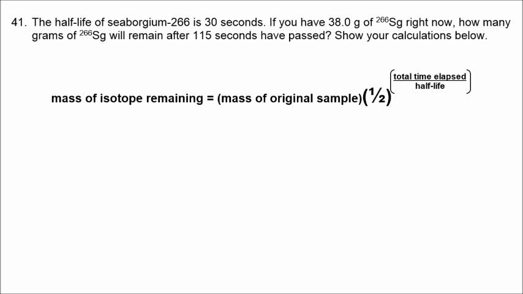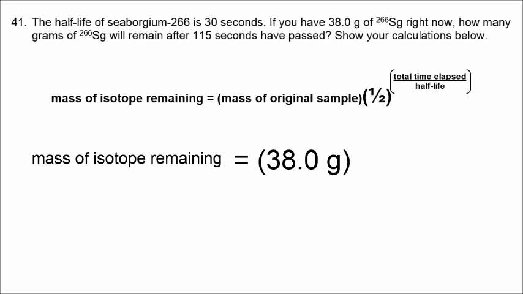In our first example, we have 38 grams of this particular radioactive isotope now, and we're trying to figure out how many grams of it is going to remain after 115 seconds have passed. So the mass of the isotope remaining, that's what we're trying to find.